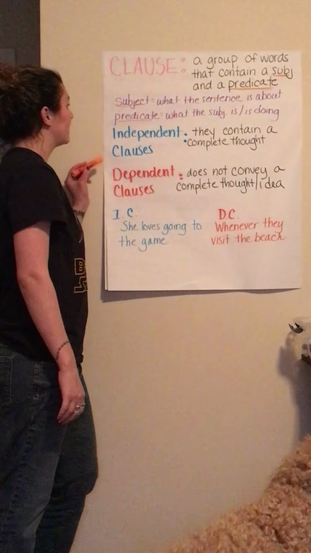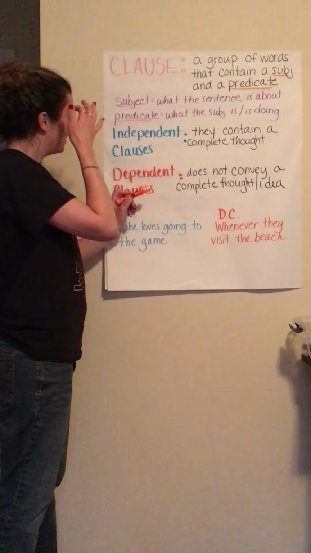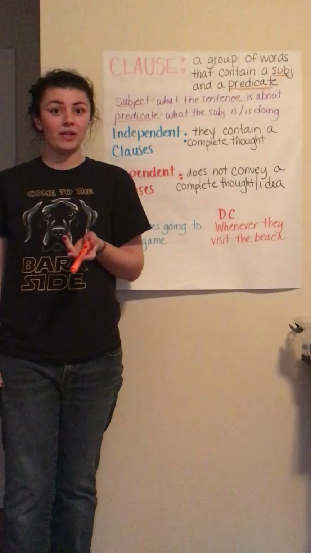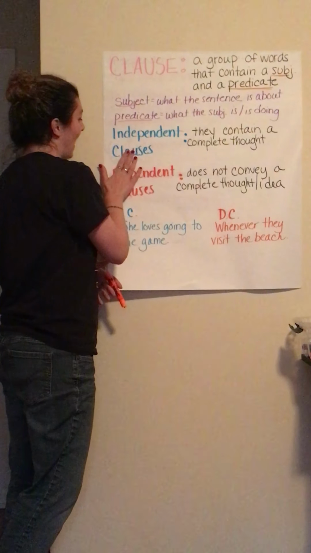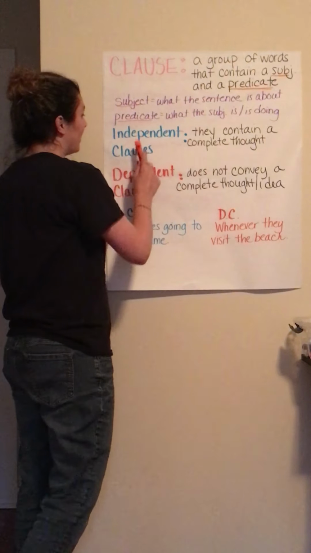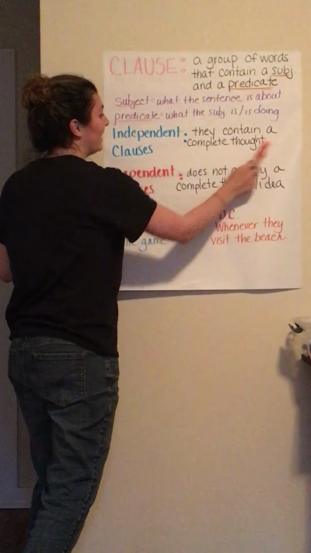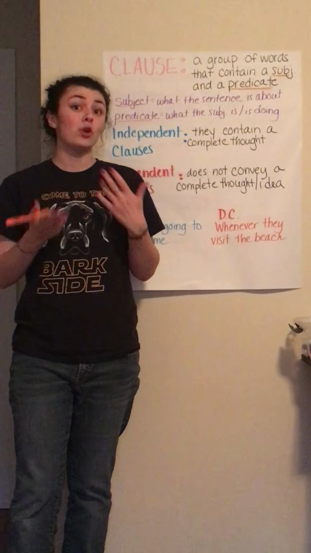So let's break down the difference between these two clauses, independent clauses and dependent clauses. For the purpose of this learning video, I want you to think of independent clauses as adults and dependent clauses as kids. Independent clauses contain a complete thought, otherwise known as they can stand on their own and they don't need help.